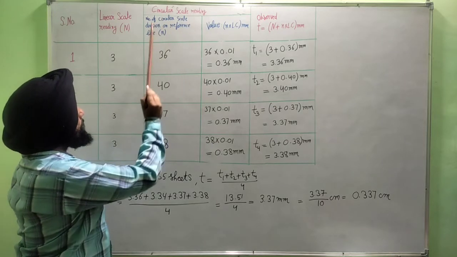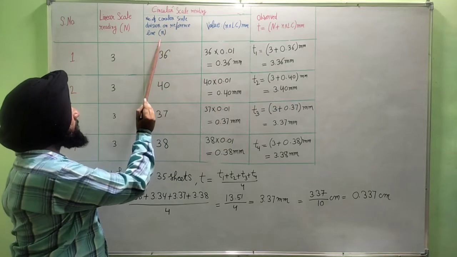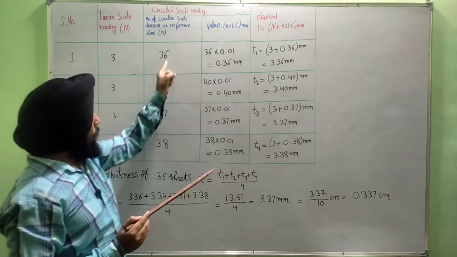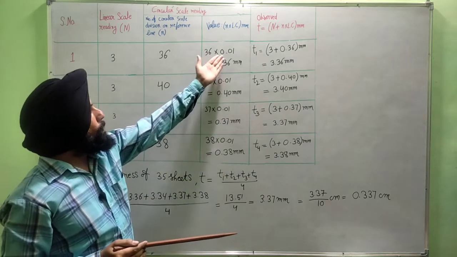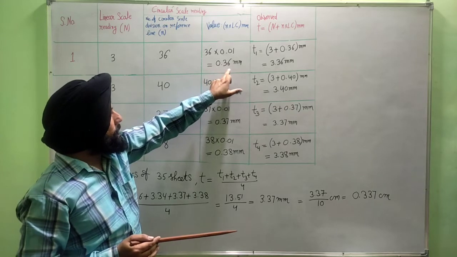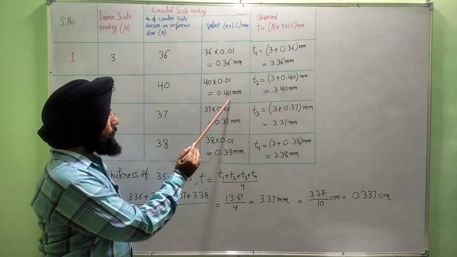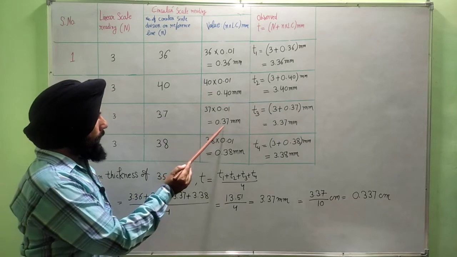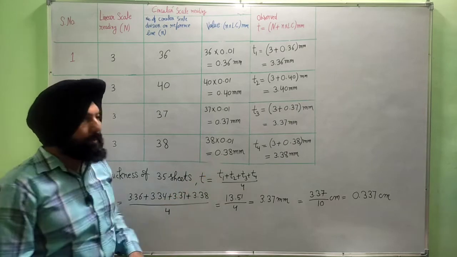Circular scale reading, the number of circular scale divisions on the reference line, small n, and the value n multiplied by the least count of the screw gauge, that is 0.01. So it becomes 0.36 millimeters, again 0.40 millimeters, and in the third case 0.37 millimeter, and the fourth case 0.38 millimeters.